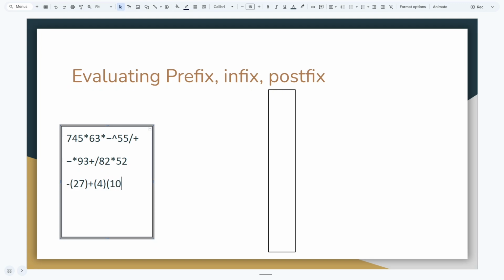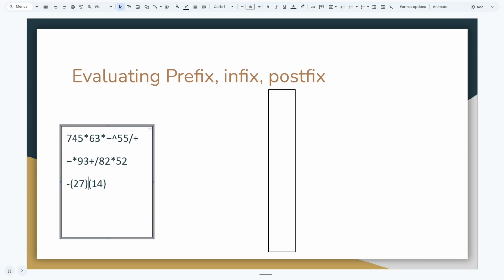We put that in brackets to show that it's been solved. Now again, we start back from the beginning. We have a subtraction first this time, but after 27 there's no other operator, so we just go over here. This plus 4 10 is just 4 plus 10, so we can make this 14 and remove all of this.